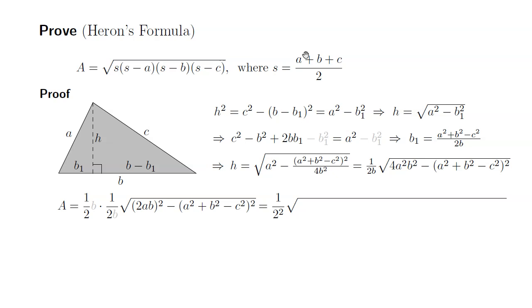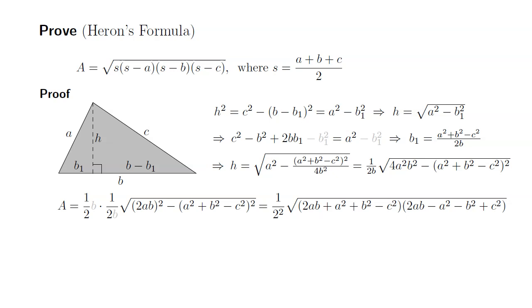I rewrote 4a squared b squared as (2ab) squared. So now we have a difference of squares, and we can factor it as (2ab plus a squared plus b squared minus c squared) and (2ab minus a squared minus b squared plus c squared), by distributing the negative sign.